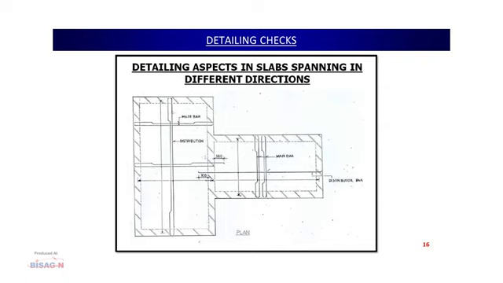We can see the main bar of this slab should actually come at the bottom, and the distribution steel should come at the top. Whereas, if the bar binder is allowed to continue this bar like this, it will serve the purpose of this slab, but won't serve the bending purpose of this particular slab.